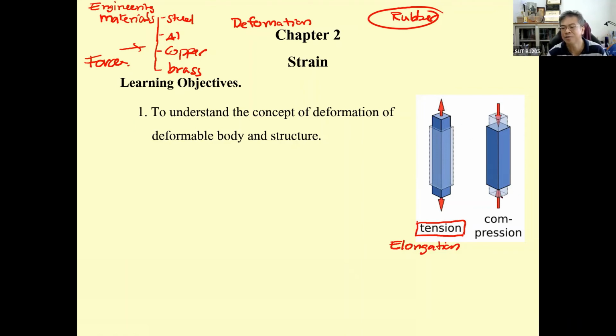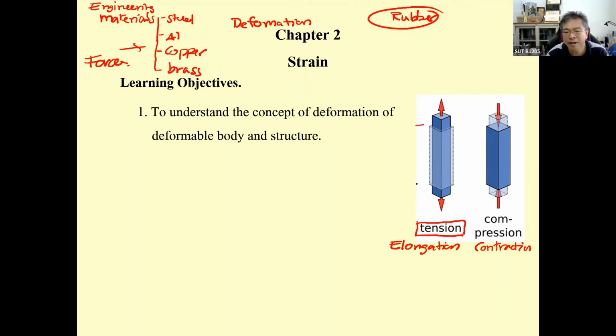And if it's subjected to compression, it's very simple to see the contraction of the structure. Before I put the force into this structure, the length between my fingers is 2 centimeters. If I pull it, you can see it measures 3 centimeters.